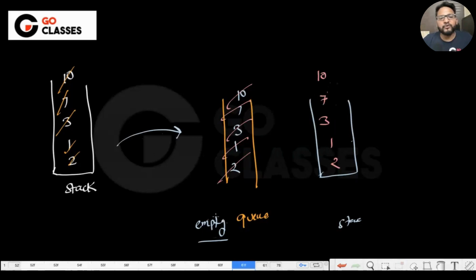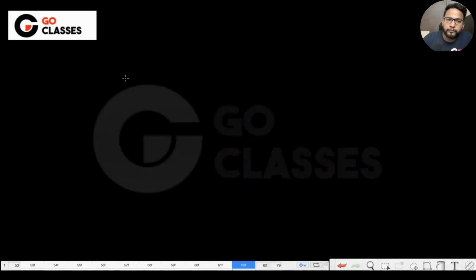So basically, if you're using a stack and queue combination, the thing to be observed here is that we are basically reversing the elements, right? Suppose you put all the elements from this stack to this empty queue.